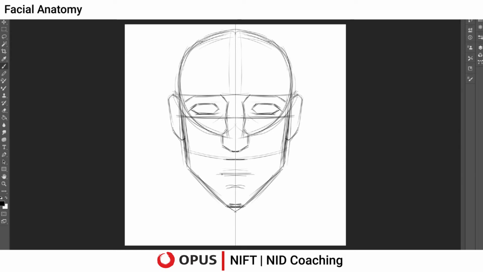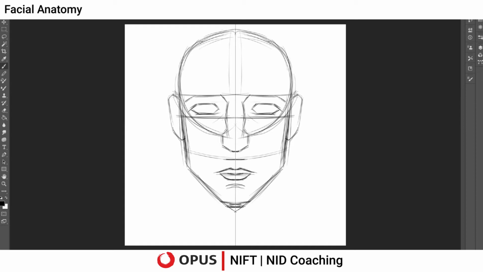Okay, then I can go for the lips. So see, our face is starting to build up and we are having some idea of how our face is going to look.